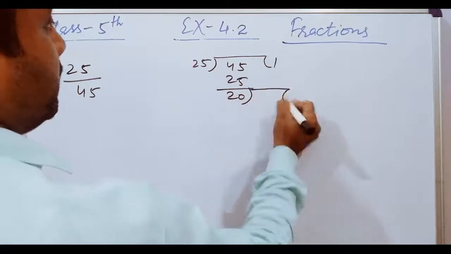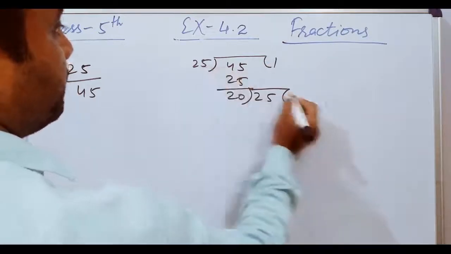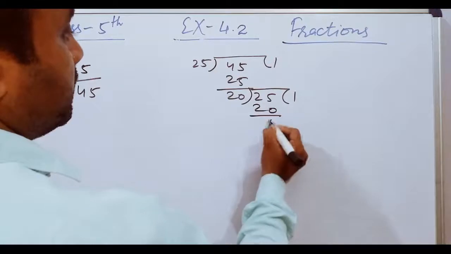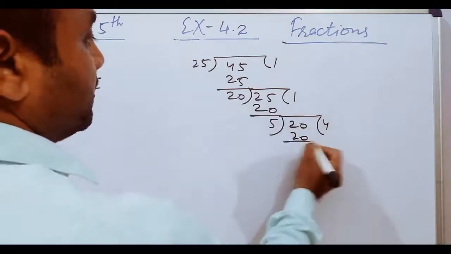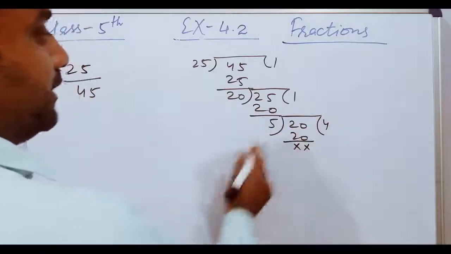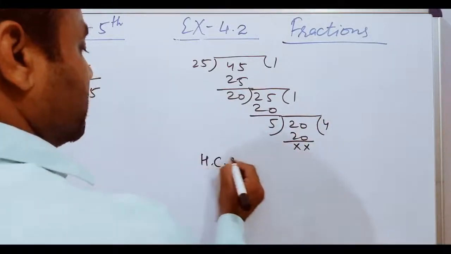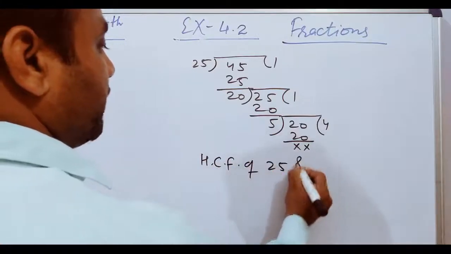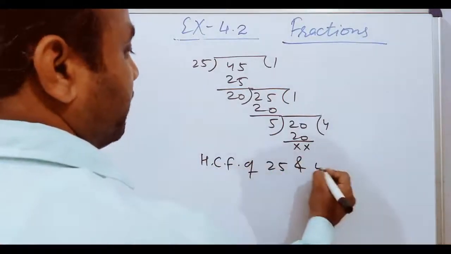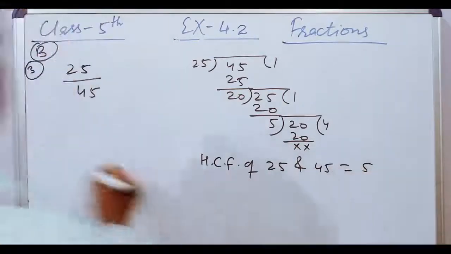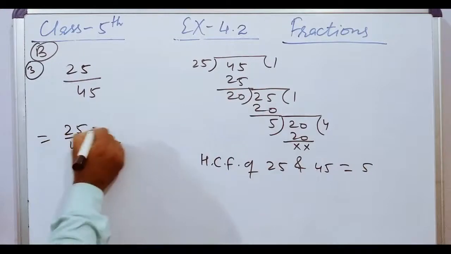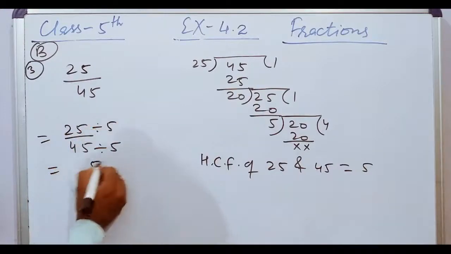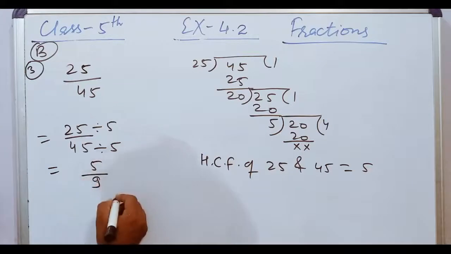Remainder 20. 20 inside, you write 25. 20 1s are 20. 5 outside, 20 inside. 5 4s are 20. Then by 5 we can divide it exactly. So HCF of 25 and 45 is equal to 5. So by 5 we will divide numerator and denominator both. 5 5s are 25. 5 9s are 45. This is the answer.